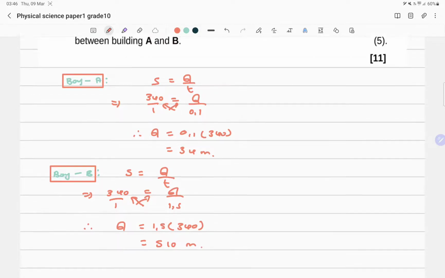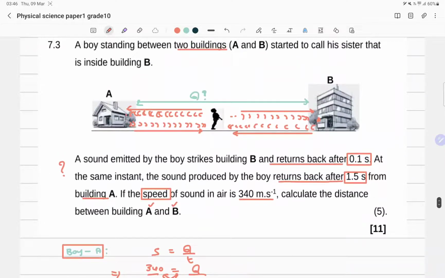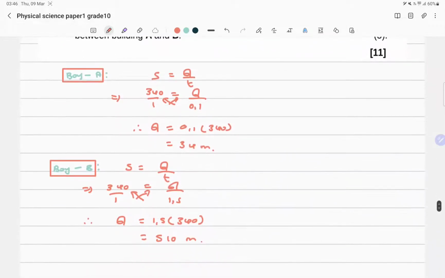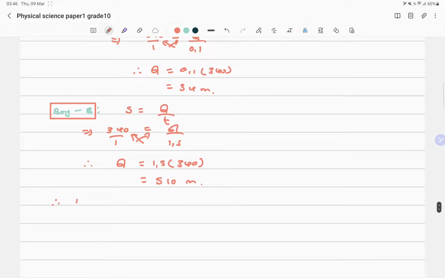But for me, the way I see it, because this is just speed, I would say this is that distance going there and then coming back. So this is basically made up of two components. We can say therefore the distance between A to B is equal to 34 divided by 2 plus 510 divided by 2, because to and back is two distances of equal magnitude, is it not?